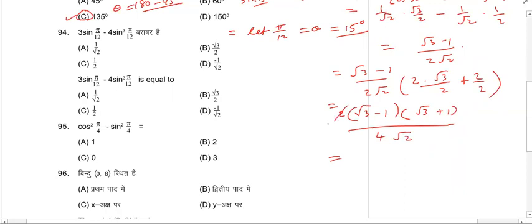So the 2s cancel out. We're getting 3 minus 1, a difference of 2 squares, over 2 root 2. That cancels out. 1 over root 2 should be the answer.